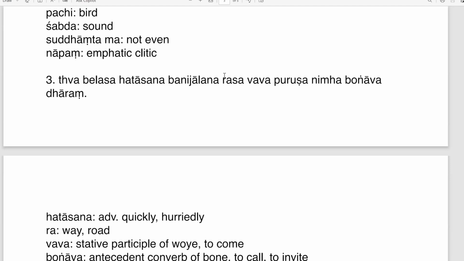Also, if we want this adverb to modify banijana, then we have to place it before the banijana. And also your point is right. If we have a comma here, we might think it modifies the banijana, but no, because it's ergative.